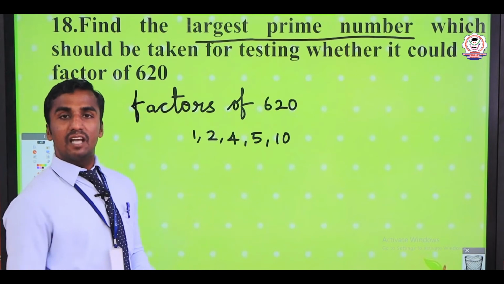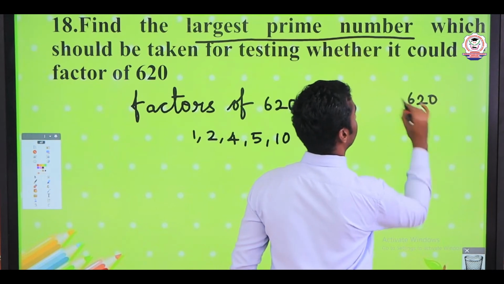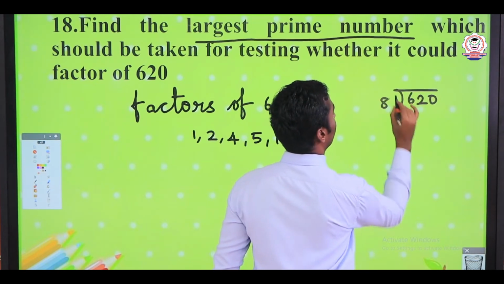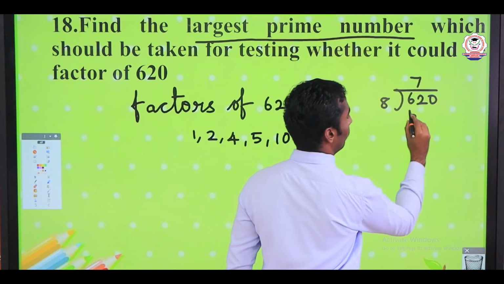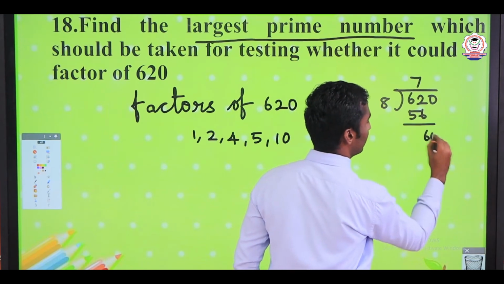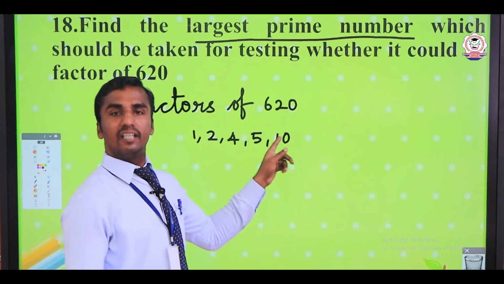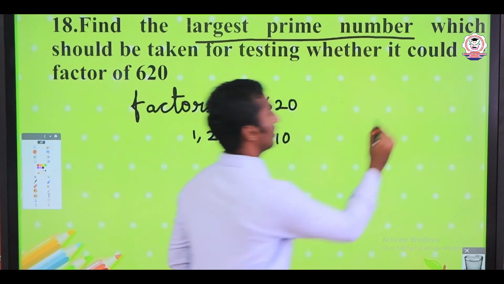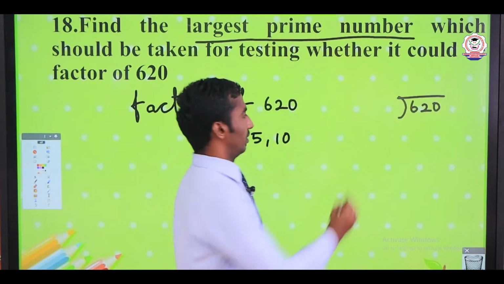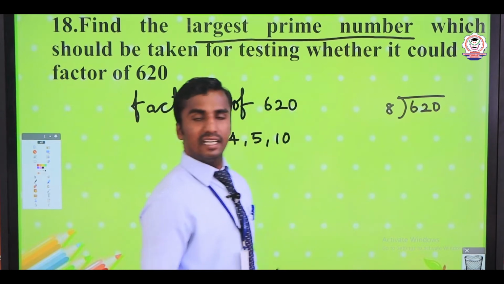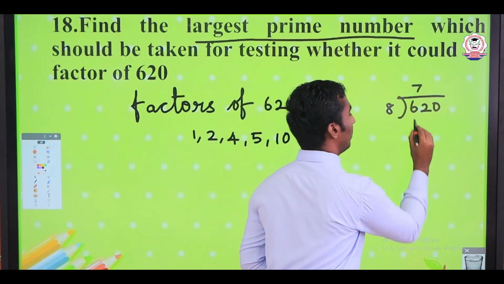Next, 8. Divisible by 8 means we check the last 3 digits, 620. 8 eights are 64, so we take 7 times. 7 eights are 56.